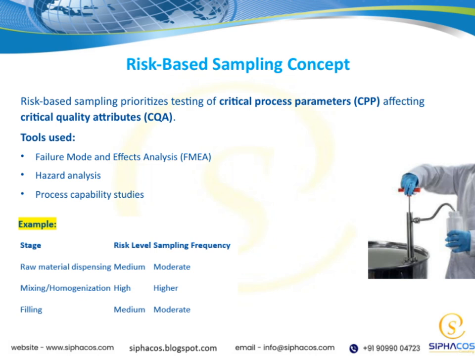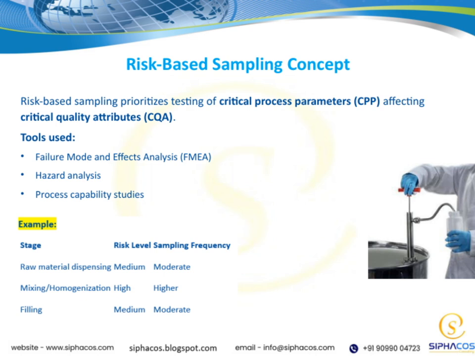To support this, we use several key tools. One of the main ones is failure mode and effects analysis, or FMEA, which helps us systematically evaluate potential failure modes and their consequences. We also perform hazard analysis to identify possible risks early on. Additionally, process capability studies are crucial.